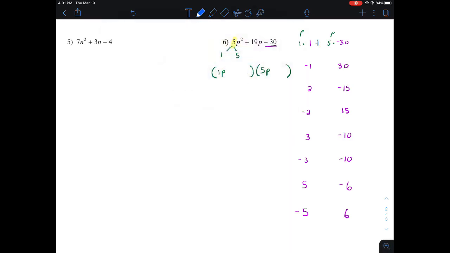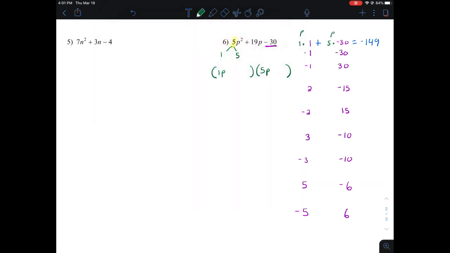But 1 times 1, negative 30 times 5. And I'm going to go evaluate. 1 times 1 plus 5 times negative 30, negative 149. Nowhere close. So let's change around the factors and say, all right, well, maybe I had the right numbers, but I just times them wrong.